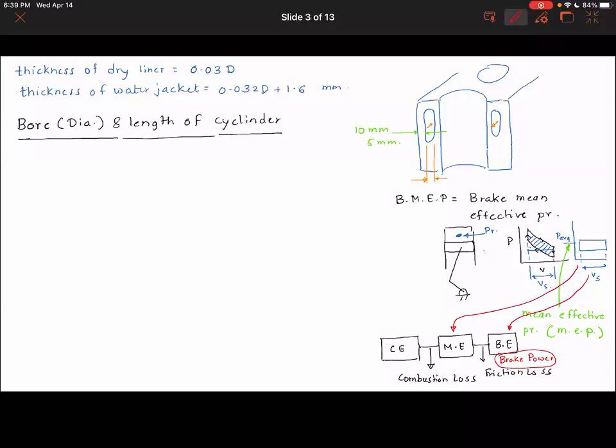So there are two powers that I want you to understand here: indicated power and brake power. What is the difference? Indicated power minus friction loss is equal to brake power.